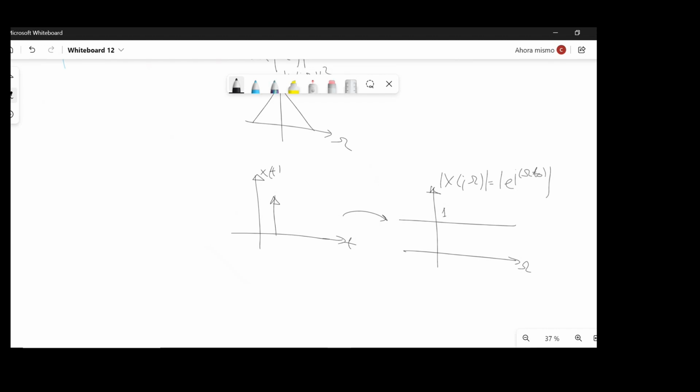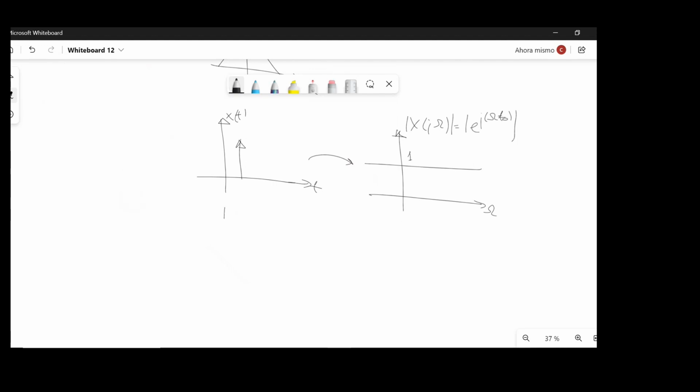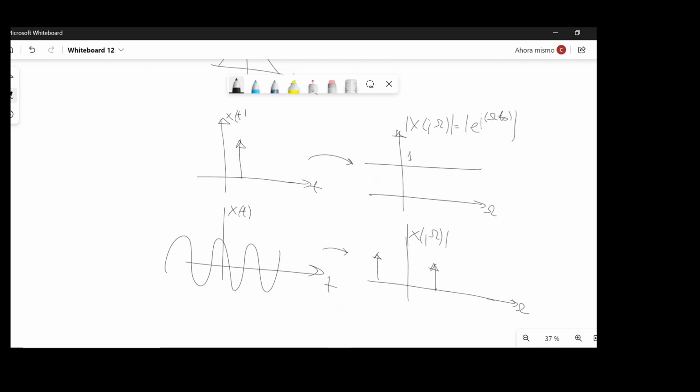Okay, let's look at another example. Now we have a cosine here. What is the Fourier transform of that? Two deltas. Okay, so let's put labels now.